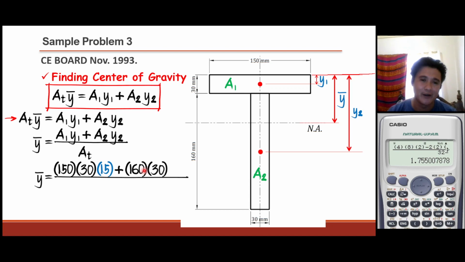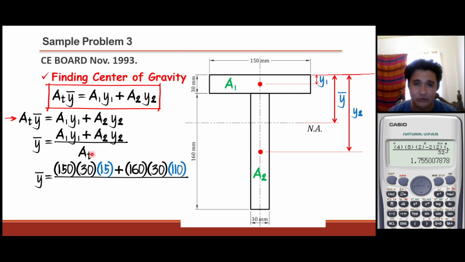Sorry, and then yung centroid ng area 2, from the reference line natin would be yung 160 divided by 2, that is 80. So 80 plus yung 30 millimeters na length na ito. So 80 plus 30, that would be 110 millimeters.